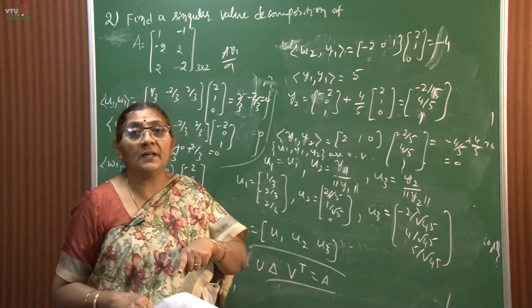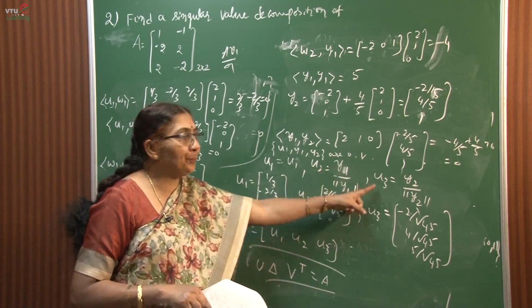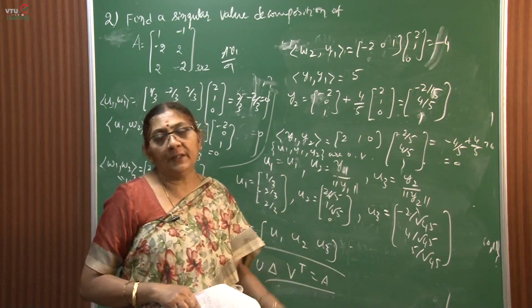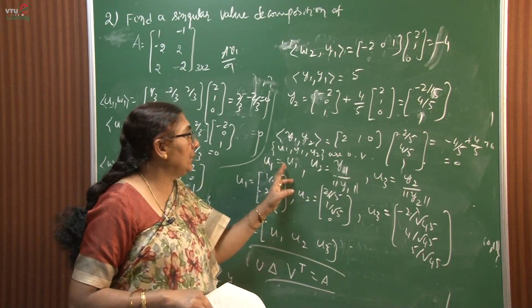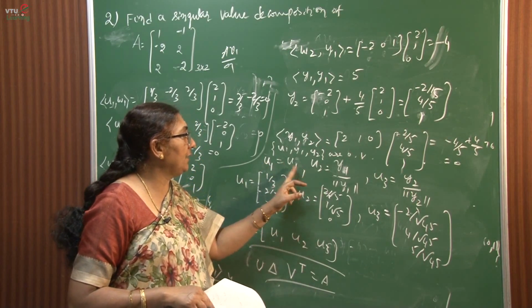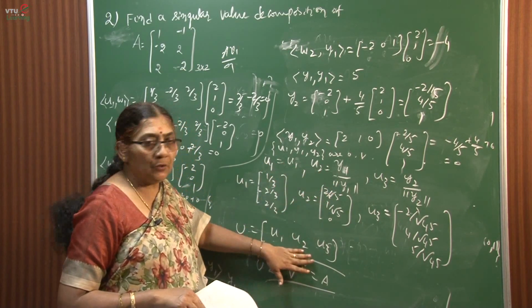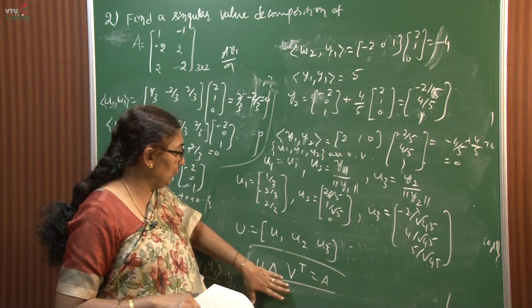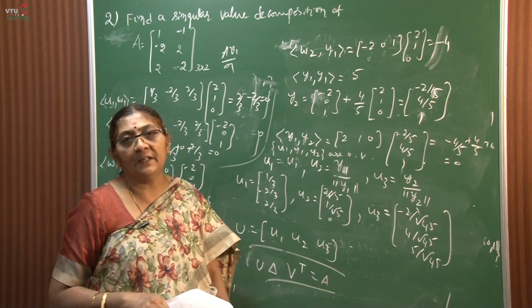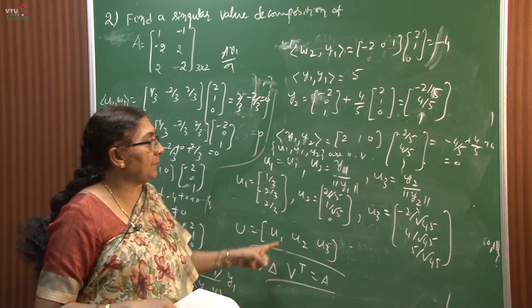We must normalize them before taking u2 and u3. Now we take u1, u2, u3 as U, and then multiply it with delta and V transpose, and we get A. This is an extra point.